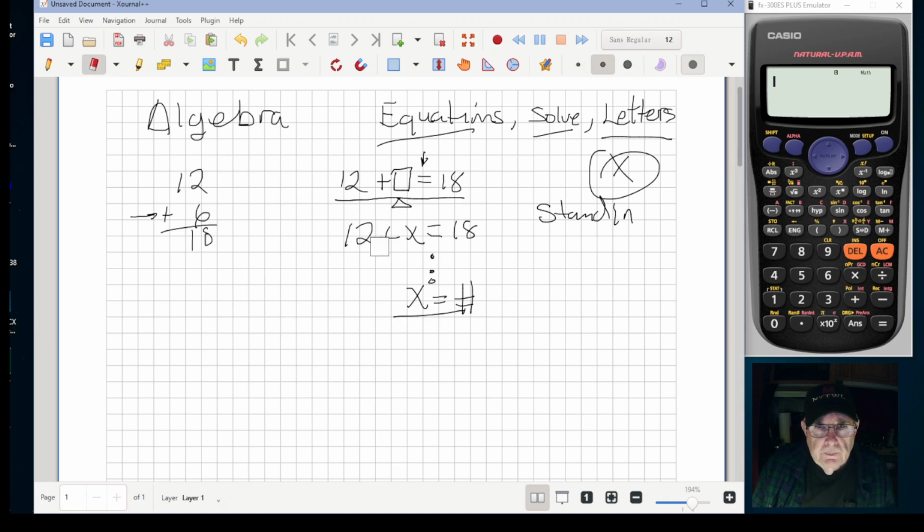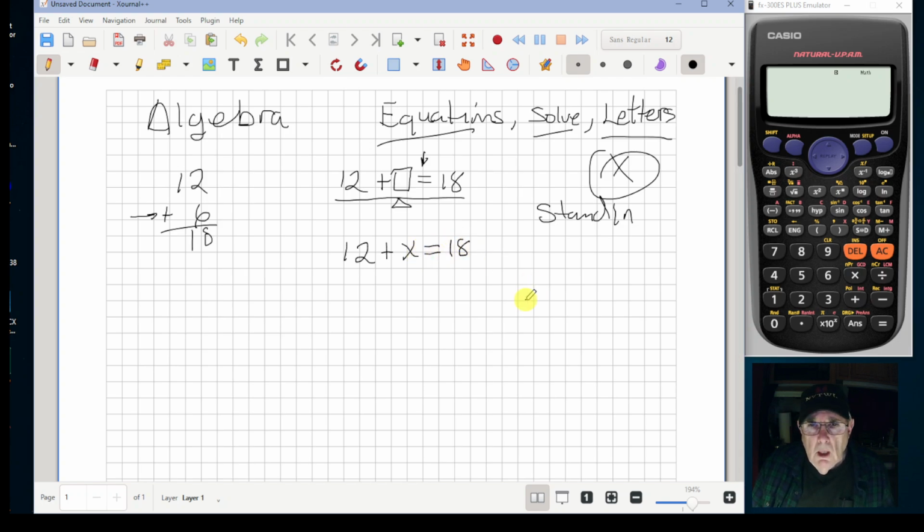Okay. So let's take a look then at what we do. And the process, mechanically, is pretty simple. Let's put our X back in here. And this brings us to the next big point.